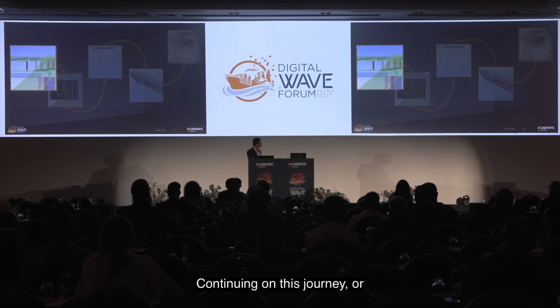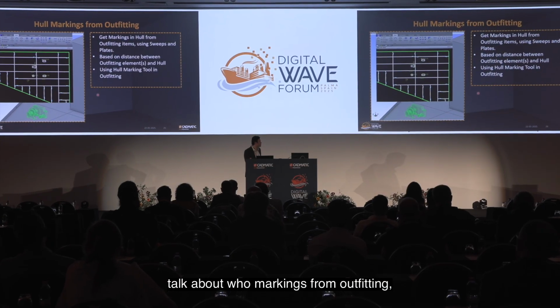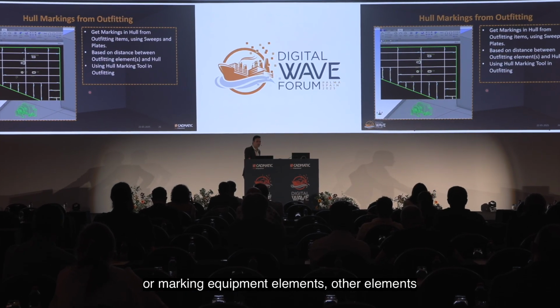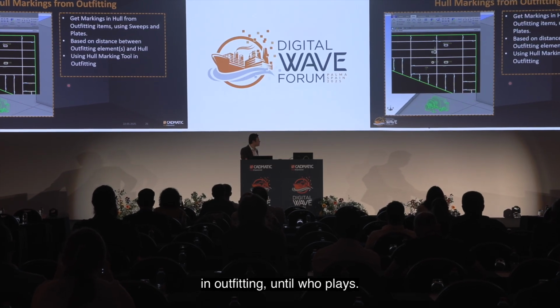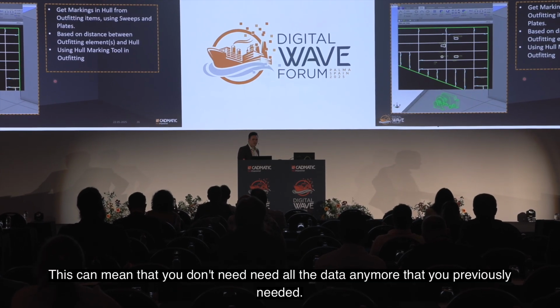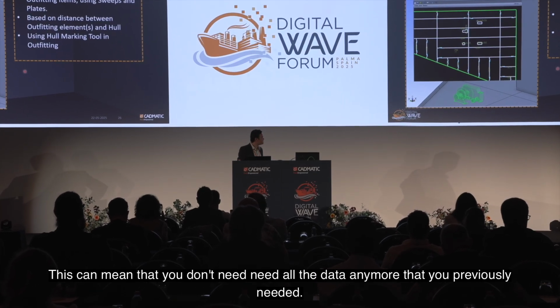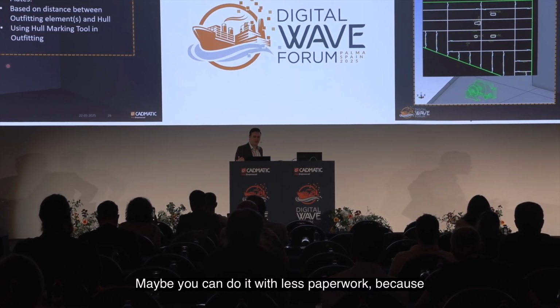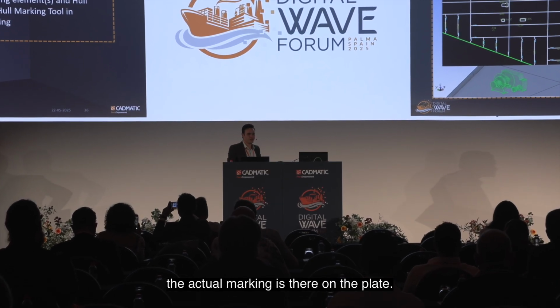Continuing on this journey, we'll talk about hull markings from outfitting, or marking equipment elements and other elements in outfitting onto hull plates. This can mean that you don't need all the data anymore that you previously needed. Maybe you can do with less paperwork, because the actual marking is there on the plate.